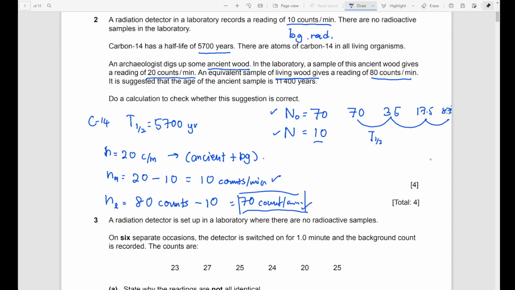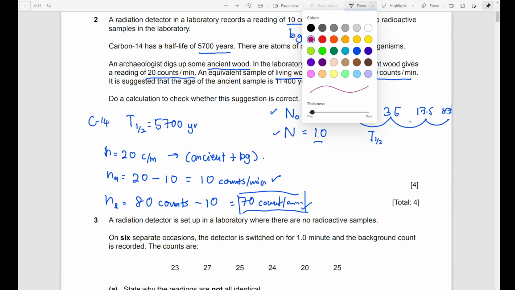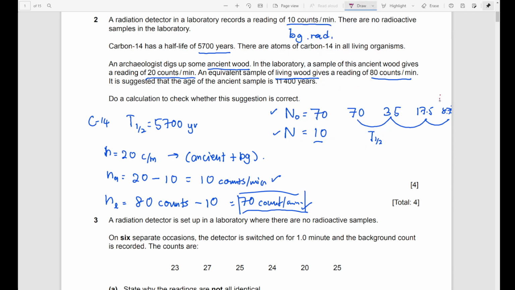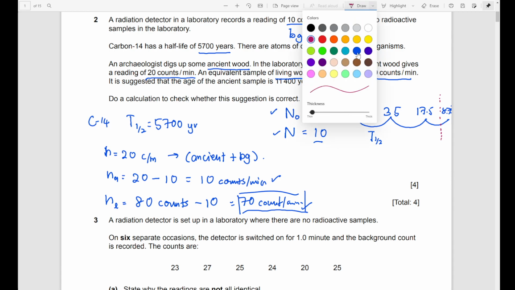So we can find the zone where the reading should be equal to 10. So 10 is approximately here, just before 3 half-lives, after 2 half-lives.